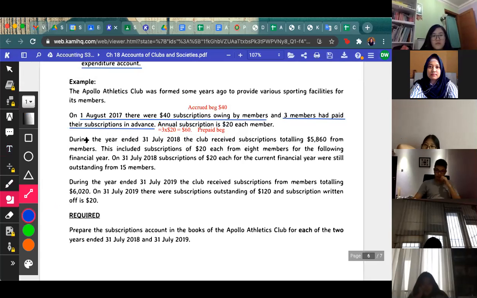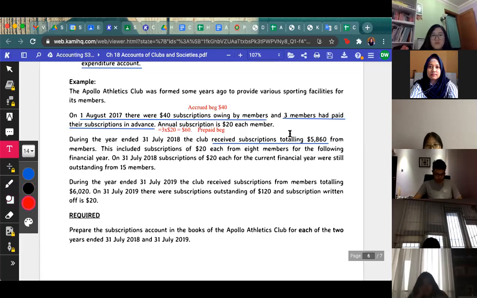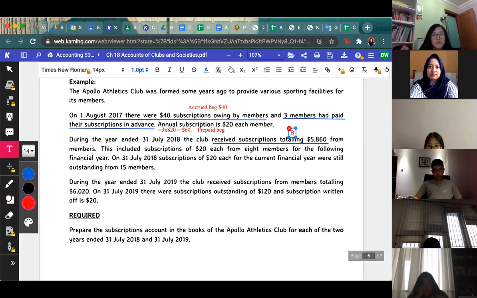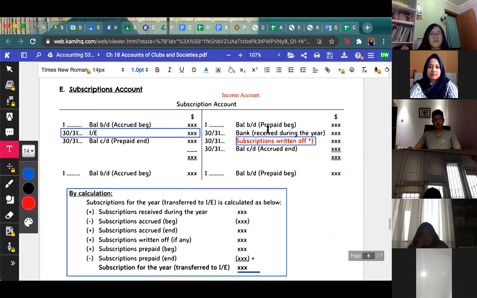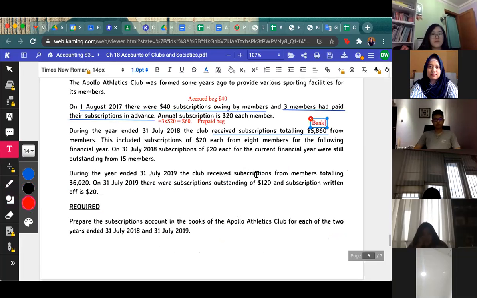Now let's continue. During the year ended 31 July, the club received subscriptions totaling 5,860. Received means representing bank. Subscriptions received is representing bank in this part.